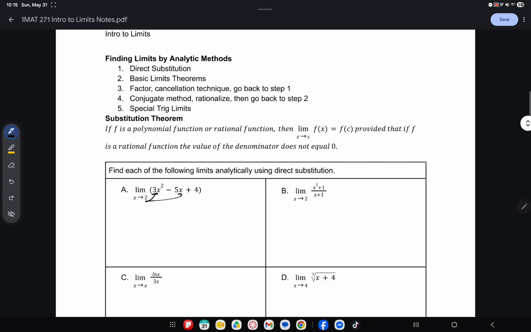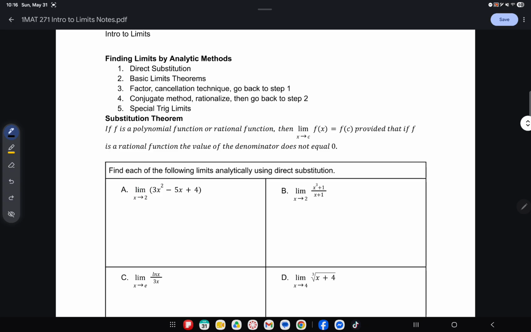That might give us a value, and if not, we can try some other methods. Maybe we can factor and simplify. Maybe we have to conjugate or rationalize. Or we might be able to use trig limits.